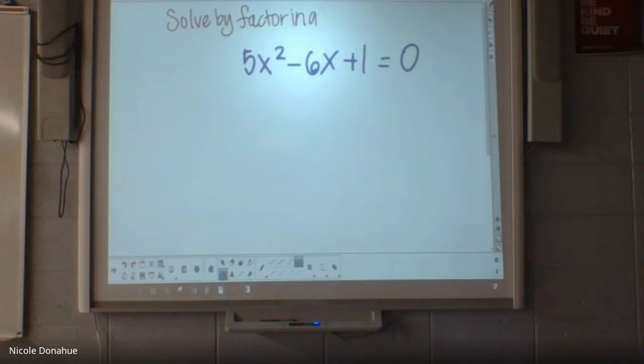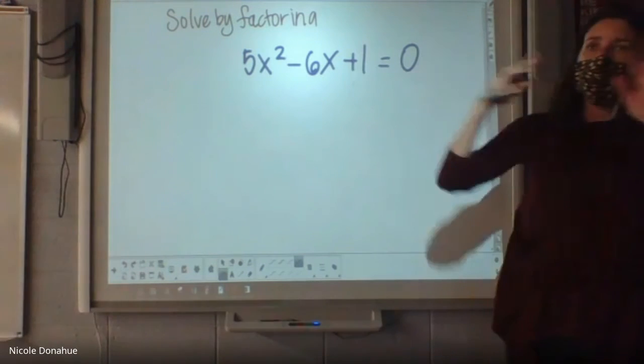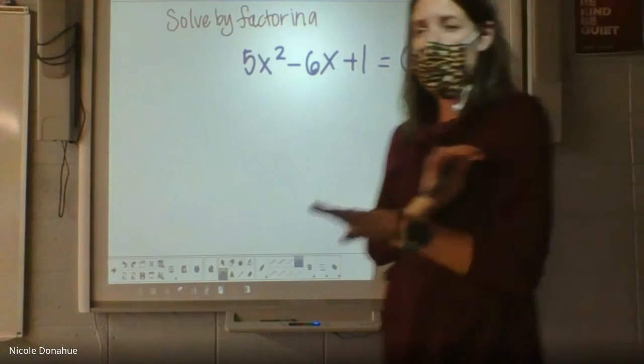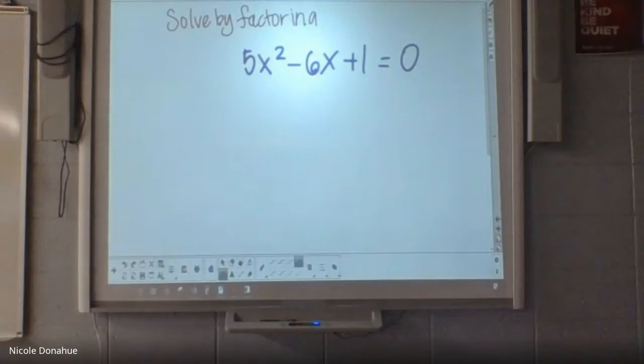Okay, guys, so this is a different column. This has a number in front of x squared, so now this is that big X thing. Remember that? If you forgot, we'll talk about it. It's the third column on your yellow sheet.